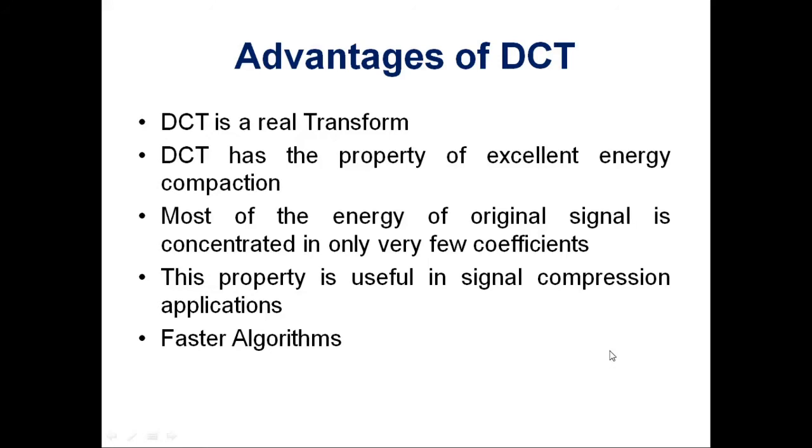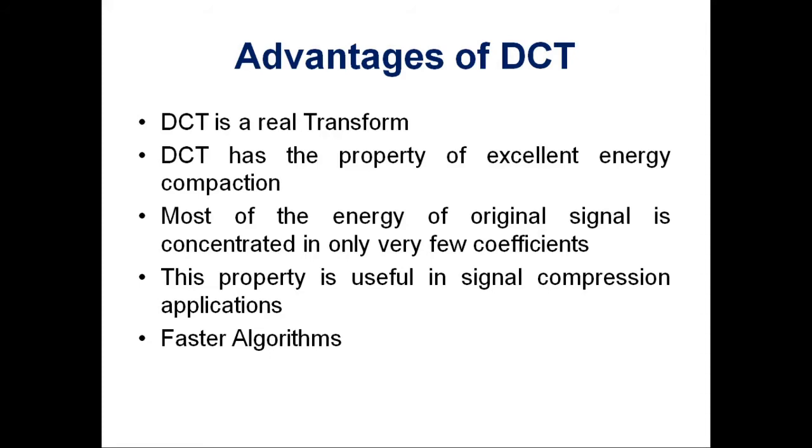The main advantages of DCT: when you take the Fourier transform or DFT, it is a complex transform where we have real and imaginary values in the coefficients. Whereas DCT is a real transform, so the processing becomes very easy. DCT has the property of excellent energy compaction. So what do we mean by excellent energy compaction?